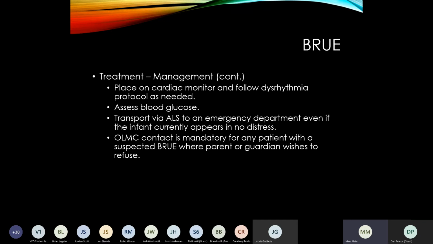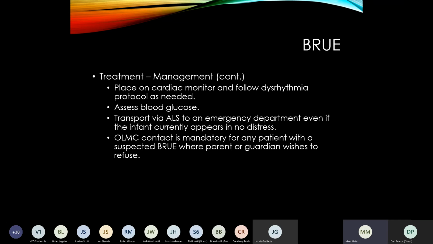These are ALS patients. The thing with BRUE is that these patients have these episodes and can appear quite normal when you first see them. These patients need to be evaluated to rule out any underlying issues. This is an ALS transport. They need to be transported to the appropriate emergency department.